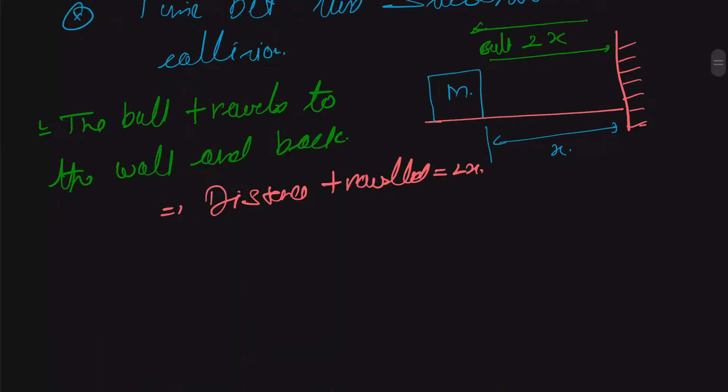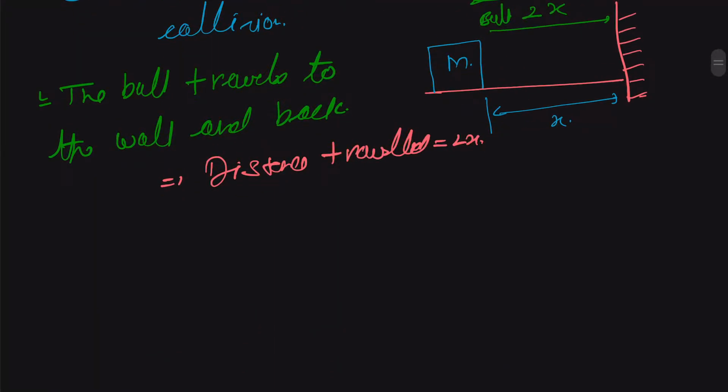So the time interval, let us suppose it is delta t, will be equal to total distance divided by its velocity. And now we are going to find out by how much the block is going to change position within this time period delta t.